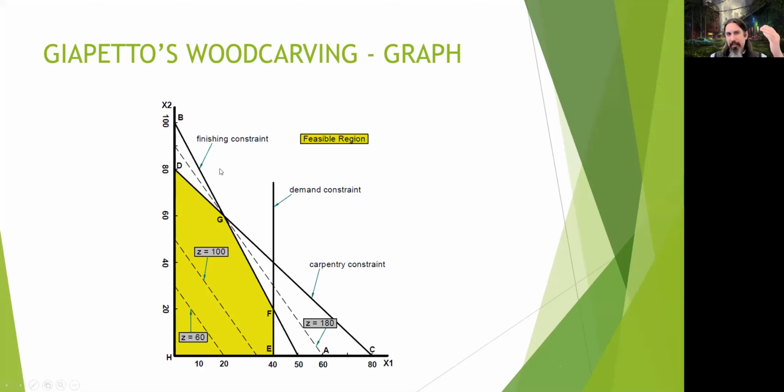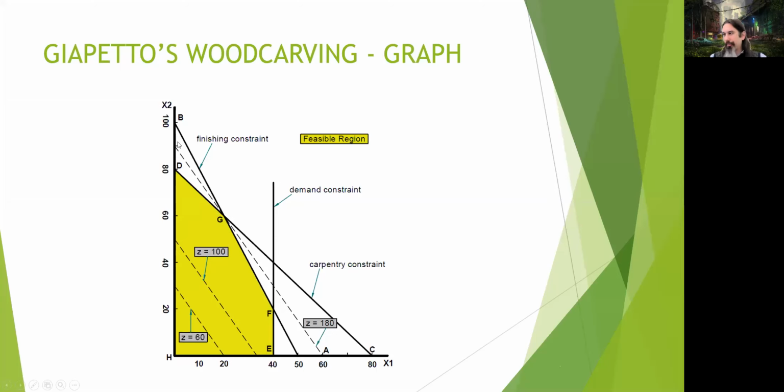When we are talking about binding and non-binding constraints, we are checking to see if the solution is on that constraint. For point G, we don't know if it's optimal or not, we don't care about it right now, but the finishing and carpentry constraints are binding, and the demand constraint is not. For example, for point F, the demand constraint and the finishing constraint are binding, but the carpentry constraint isn't.